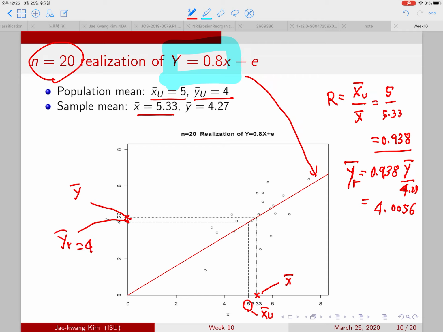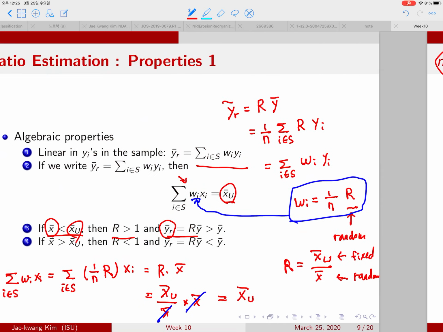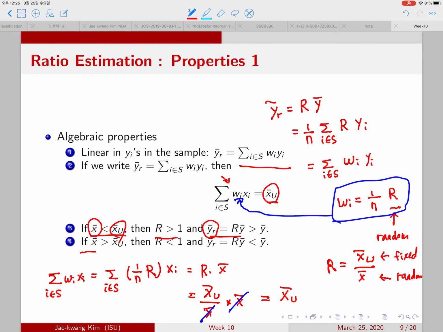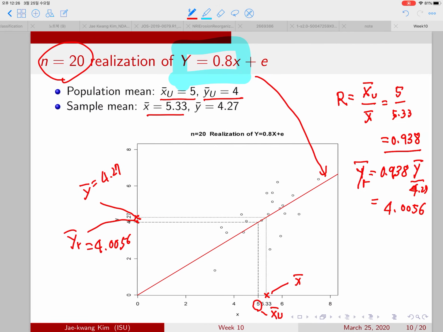This is the second case: the sample mean of x is greater than the population mean of x, so the ratio is less than 1. So you reduce the original sample mean of y by the ratio R, and that should give you a better estimate.